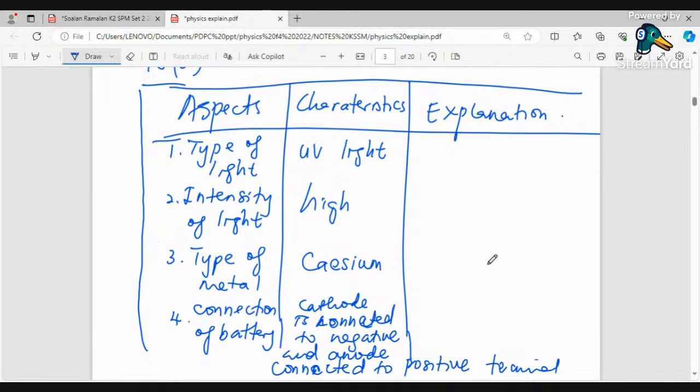Explanation kenapa gunakan UV light. Sebab energy of photons depend on frequency ya, E dengan F. So kalau you pilih UV light high frequency, maksudnya dia akan produce apa? High photon energy. Jadi reason boleh tulis high frequency ataupun high photon energy pun boleh.